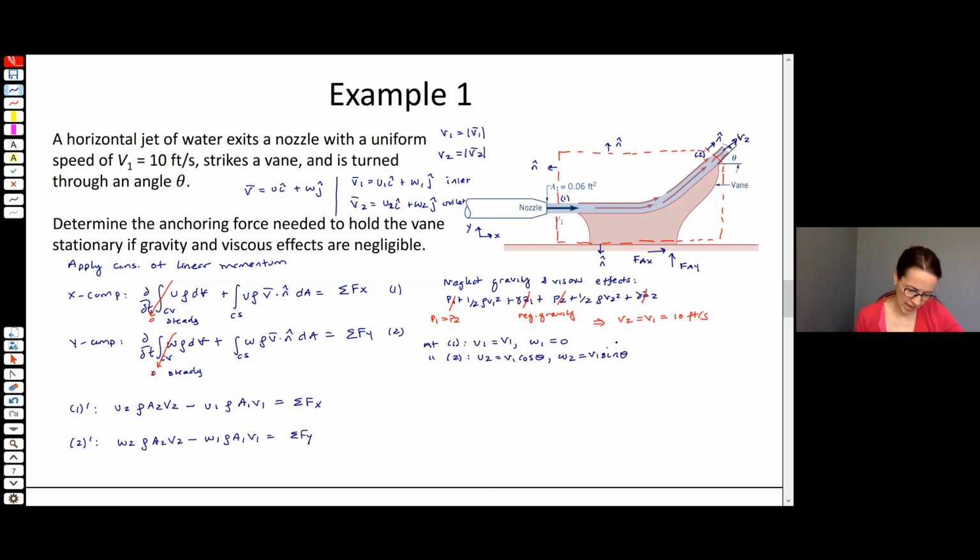So now we can rewrite again equations 1 and 2. I'll call them 1 and 2 double prime now. And we get V1 cosine theta rho A2 V1 minus V1. Well, I'm running out of space, so I'm just going to write it compactly.